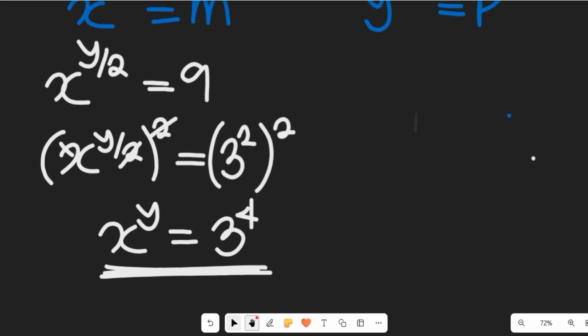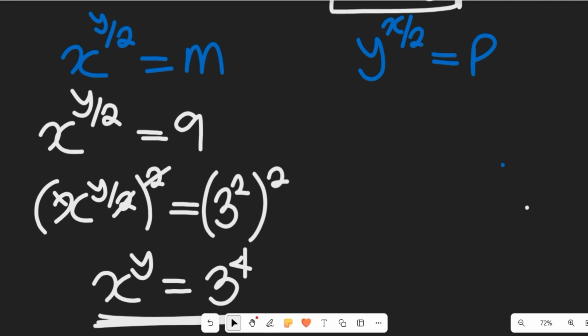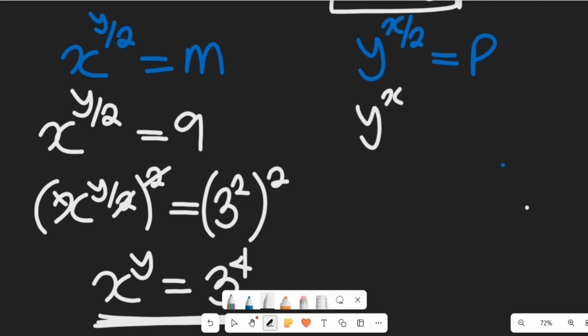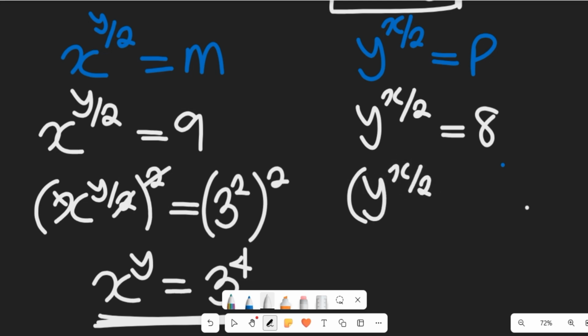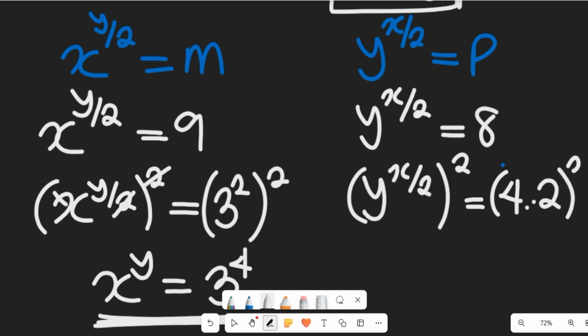Now, if we go for the other one, we go see say this one go give us y to the power of x divided by 2 equal to 8. Now, if we take the square of both sides, we will get y to the power of x divided by 2, all na square. This one go dey equal to 4 times 2, na im be 8, all squared.